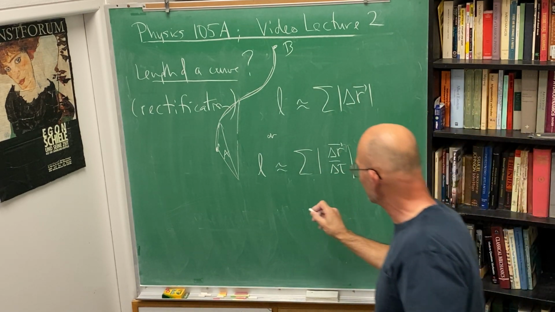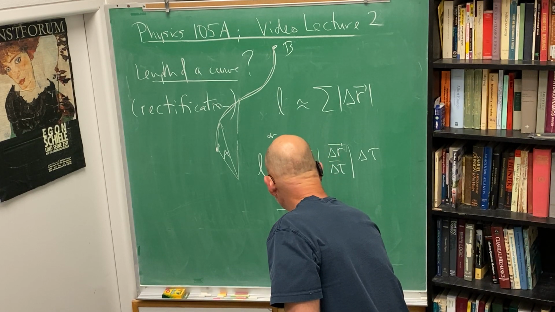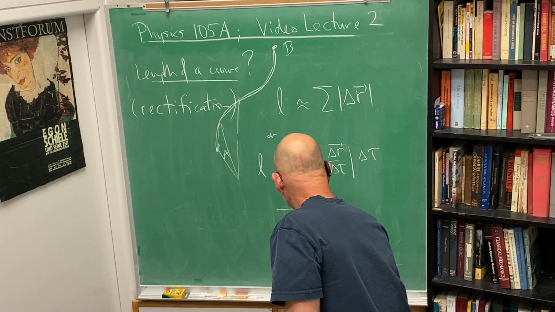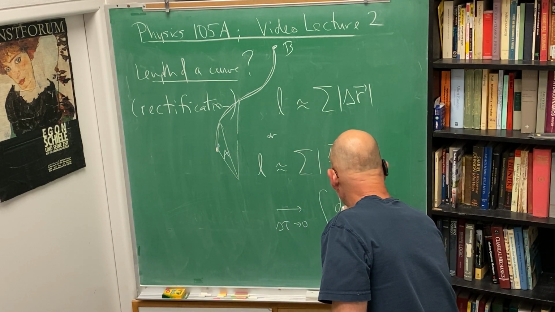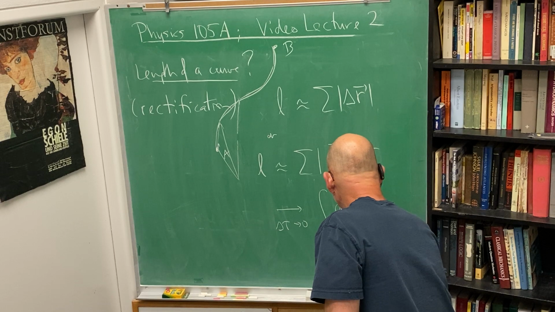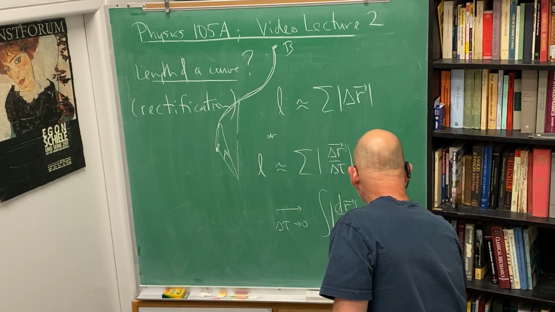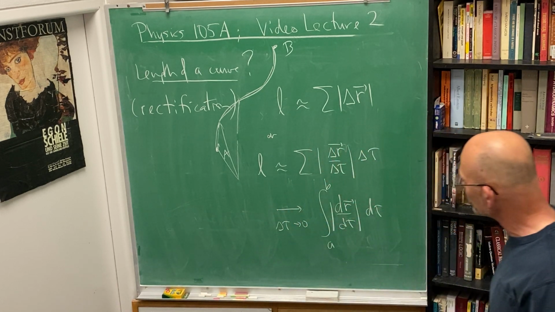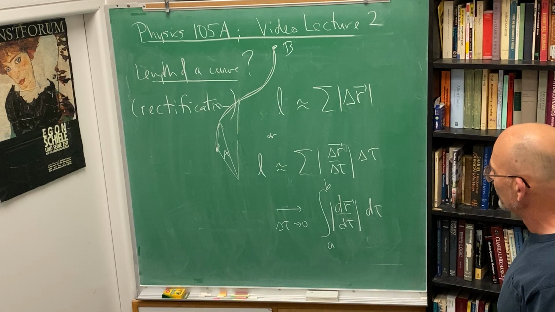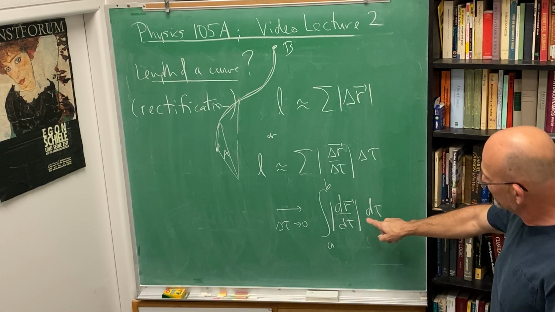And that's why, if you let delta tau go to 0, this is going to turn into an integral of the magnitude of dr d tau, times d tau, and A and B are the endpoints of your parameter. So that's the length of a curve.